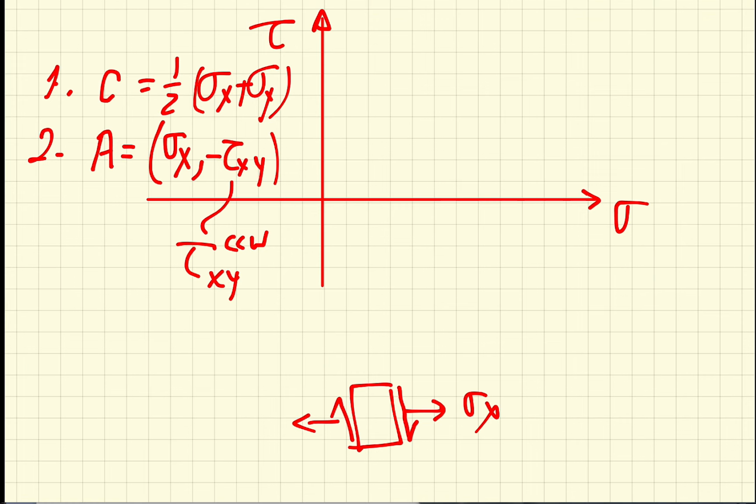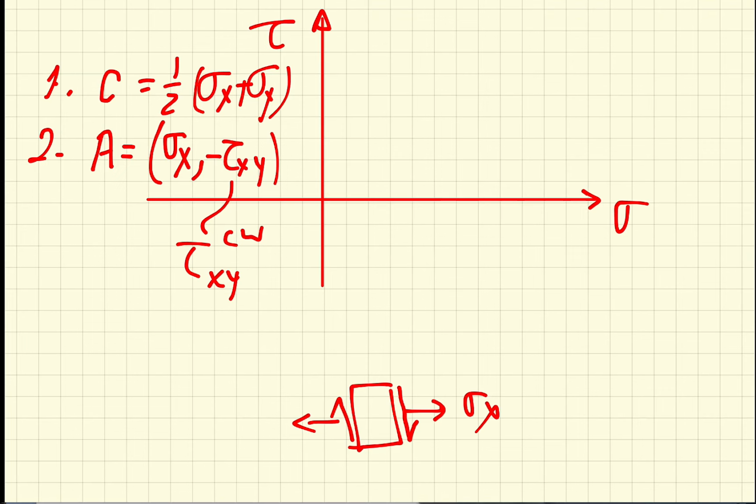So this shear is in the clockwise direction. Let's just make this here clockwise, because that's a shear that is affiliated with the sigma x. I better make this clear.